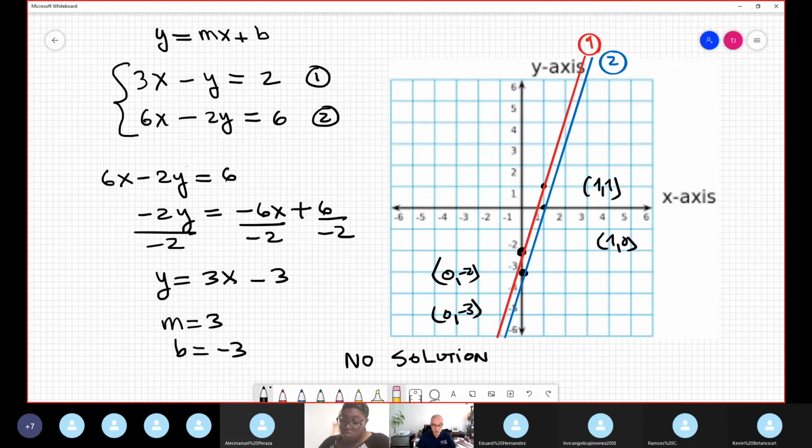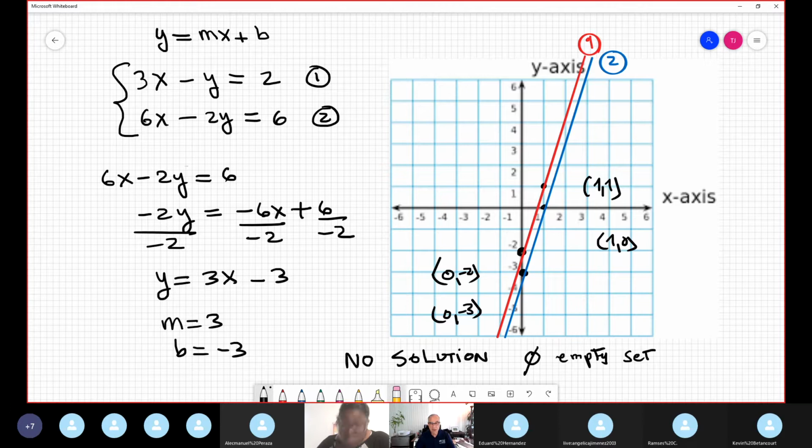The reason is that this system represents, in the XY plane, two parallel lines, and parallel lines never cross, never touch, therefore no solution. You write no solution in English or use this mathematical symbol, the empty set. Empty set. No solution.